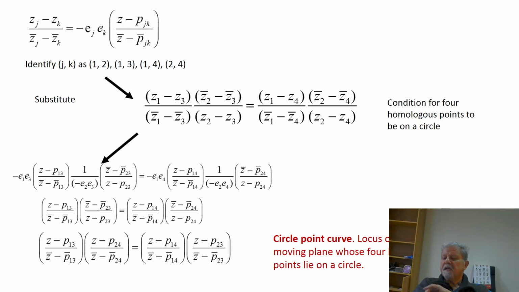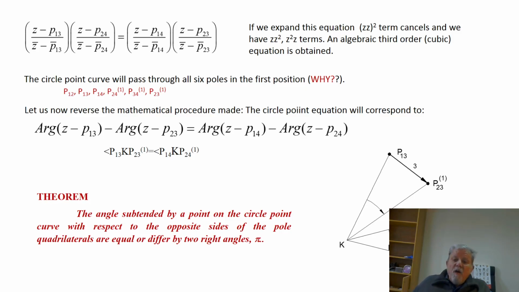And you have to select a point A on this curve if you want 4 homologous points to lie on a circle. This is known as the circle point curve. It's a cubic curve. Now we'll see how you can solve this equation. I'll tell you later, but right now we'll confine ourselves to the geometrical meaning of this equation.